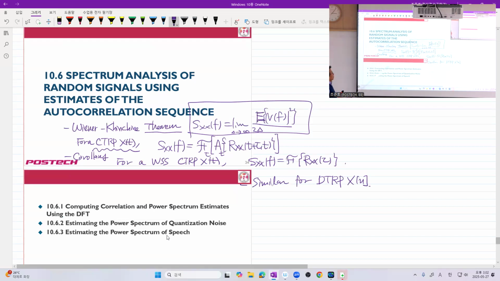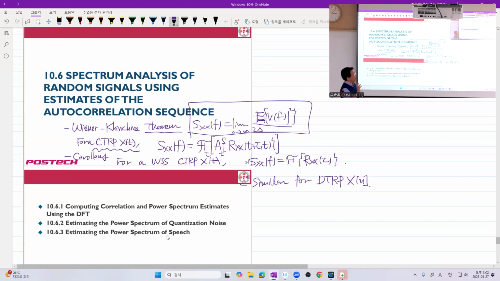And the theorem says that this power spectral density can be obtained from the autocorrelation function of this random process. Some textbook, I don't know which textbook you used, but some textbook defines the power spectral density using this formula. But that is not correct, okay?